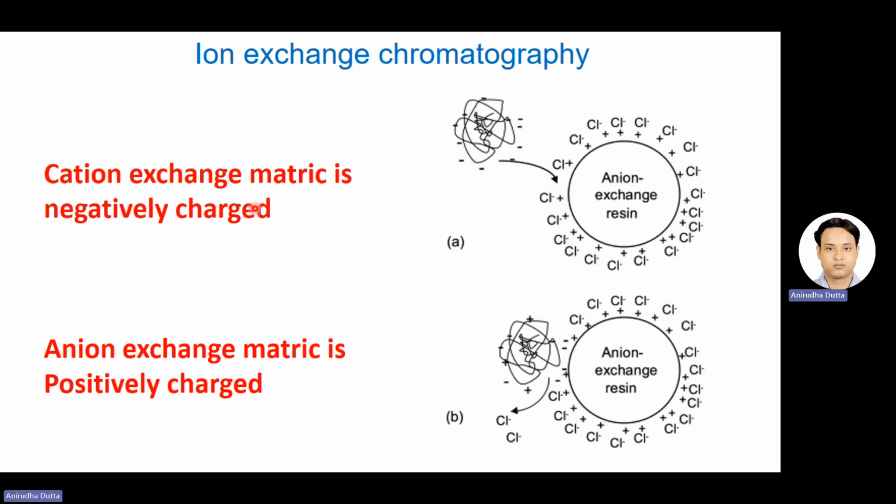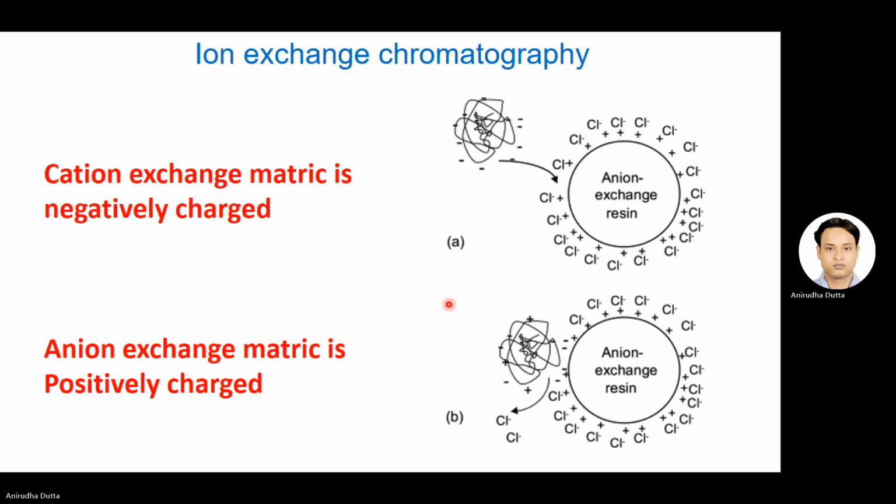For cation exchange, the matrix would be exactly opposite, meaning negatively charged, and the complementary ion would be sodium plus, and the positively charged or cationic protein would exchange those sodium plus ions and bind to the matrix. So the cation exchange matrix would be negatively charged, and the anion exchange matrix would be positively charged.